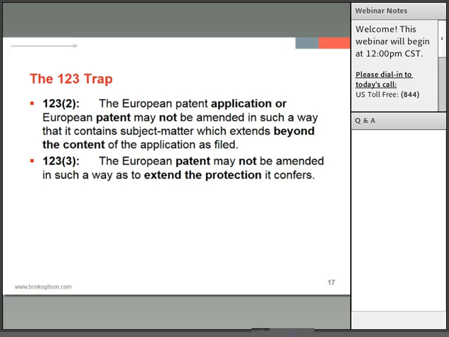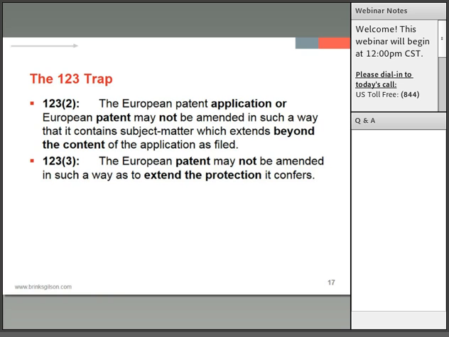That means you cannot add any information to the disclosure. Article 123.3 talks about the claim scope, where it says, after grant, the patent may not be amended in such a way as to extend the protection it confers.